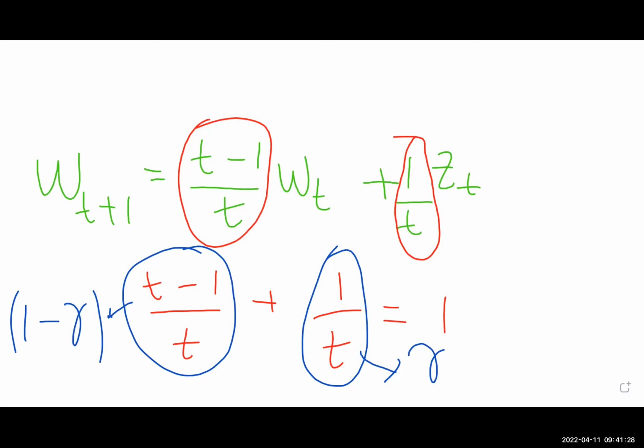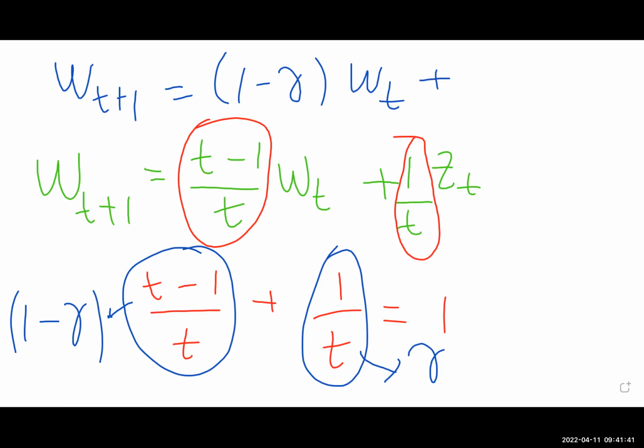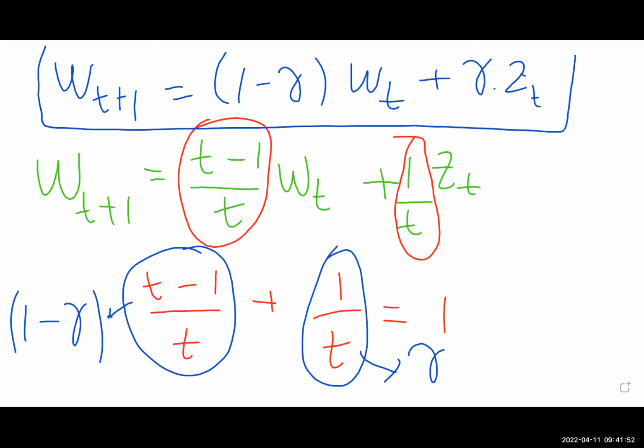Now we have W(t+1) equal to (1 minus gamma) times W(t) plus gamma times Z(t). Z(t) is your theta. So this is called EMA, exponential moving average.